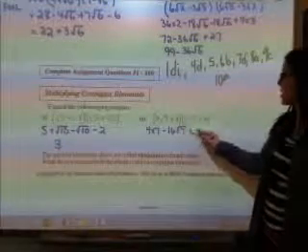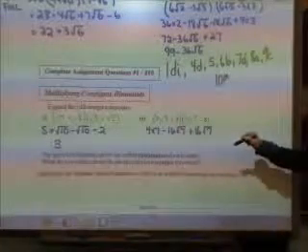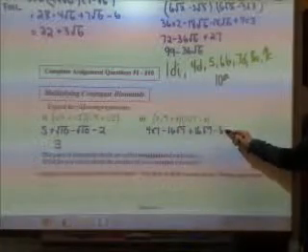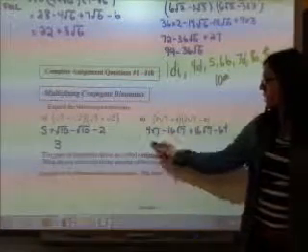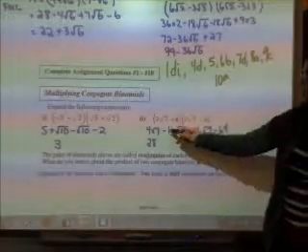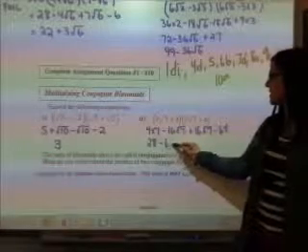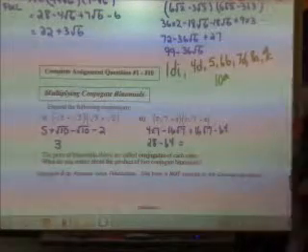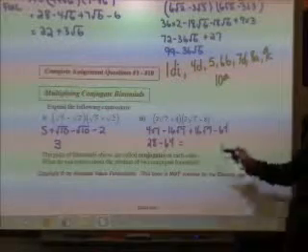And then I get a positive 16 root 7. And 8 times negative 8 would give me negative 64. So I get 4 times 7 is 28. These two terms would equal 0 again. And what is 28 minus 64?